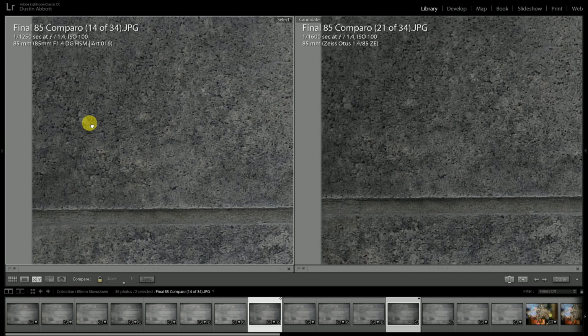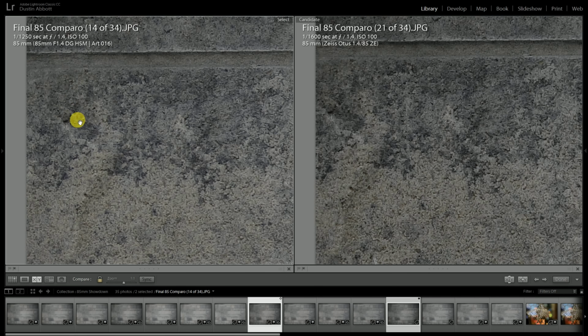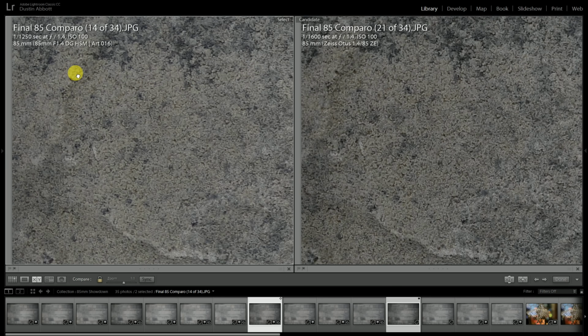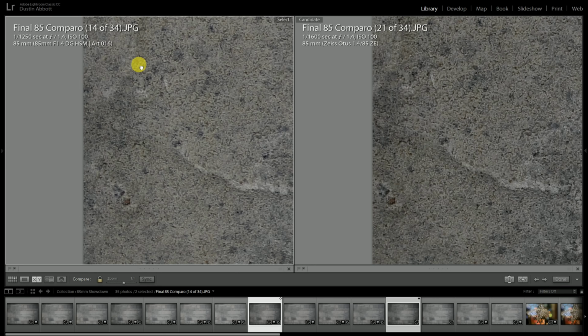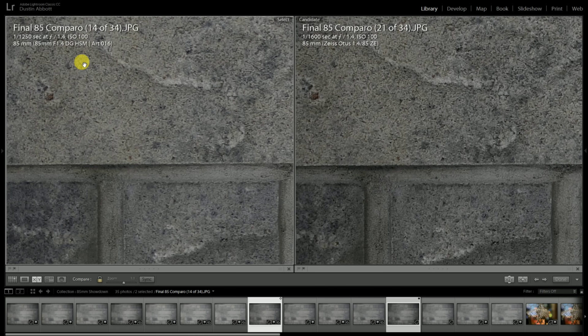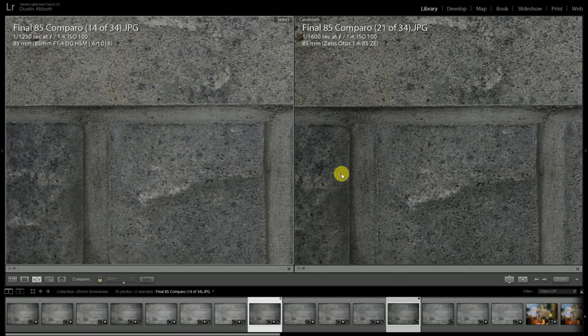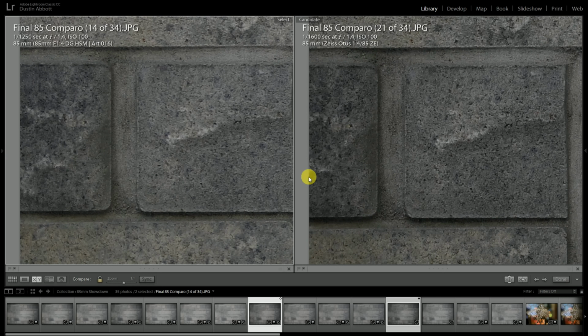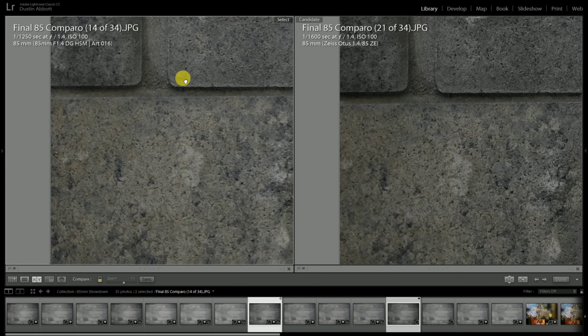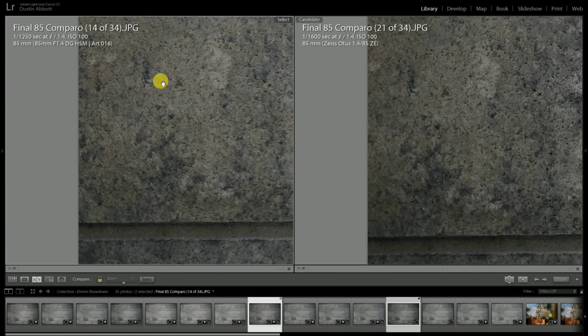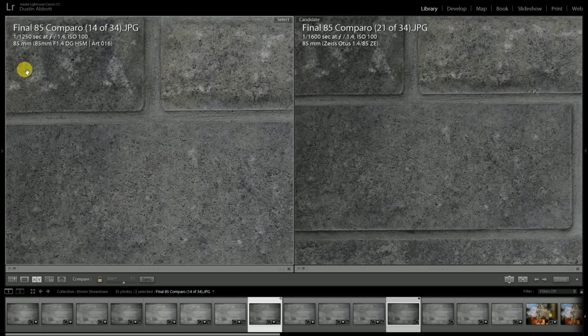Moving off to the edge, however, I think the Sigma gets a little bit more even across the frame. Depending on where you look, the Zeiss seems stronger than the Sigma. Looking towards the bottom, at the very edge they're roughly equal.